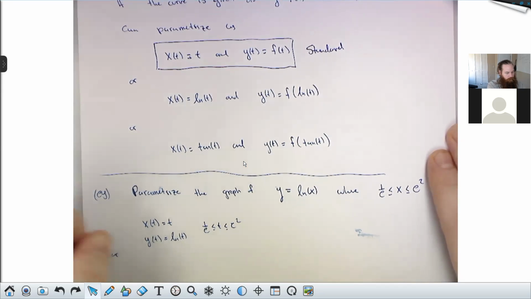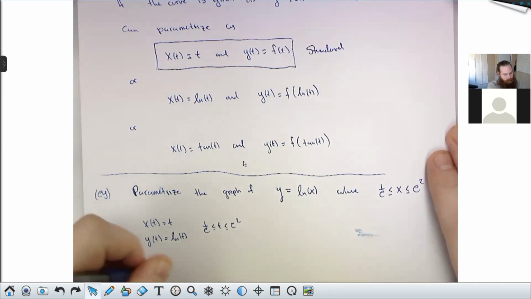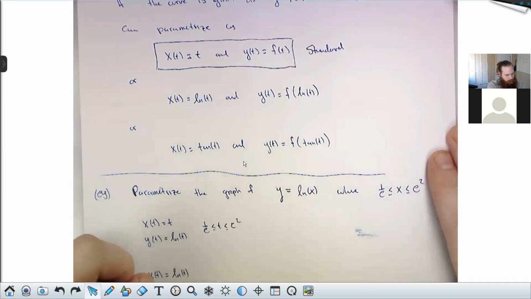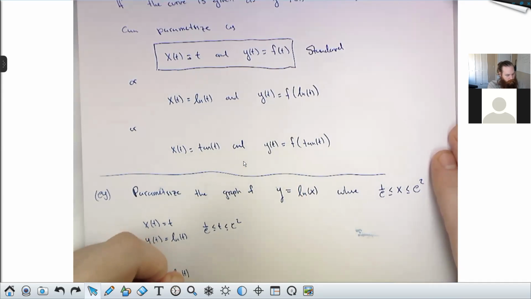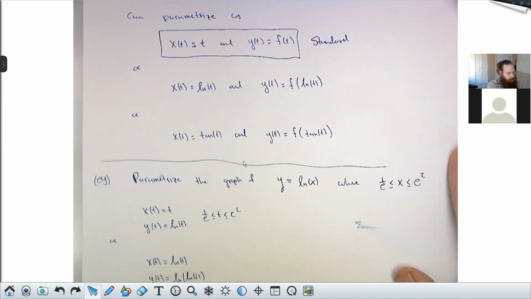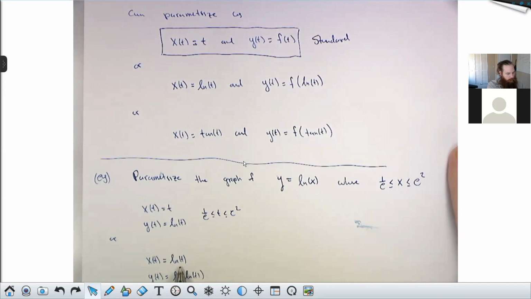Another way to do this would be to say x of t is, we can use this one, the natural log of t, and then y of t would be the natural log of the natural log of t. And then here, to come up with my t values, I would have to think about what inputs for t correspond to these outputs for x.